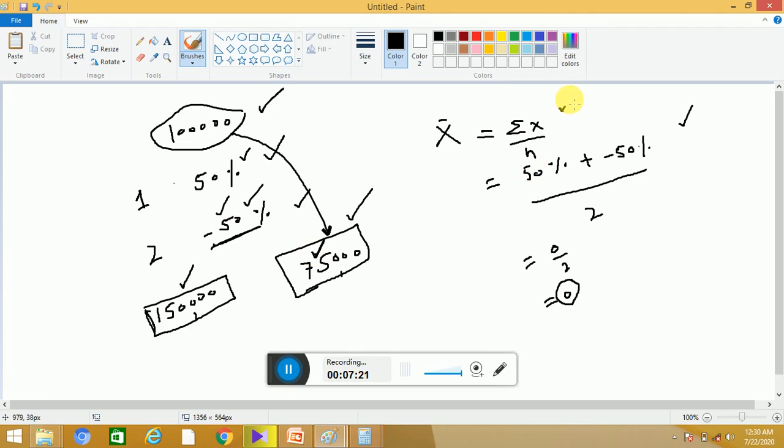But when we calculate it through arithmetic mean, it tells us that there is a 0% loss.